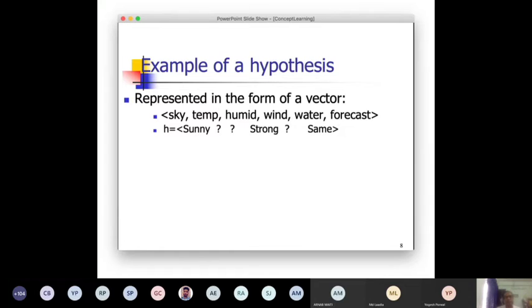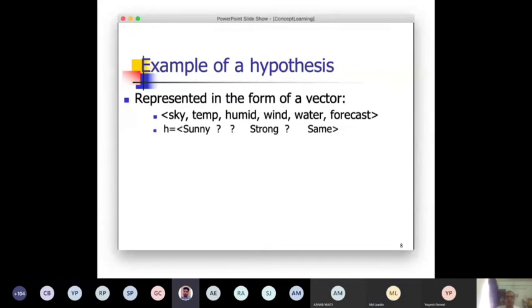As you see, the value of sky is sunny in this hypothesis. Temperature could be, what are the options? Do you remember? Warm and cool.